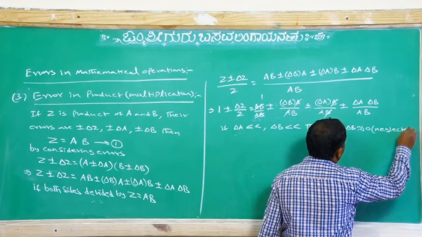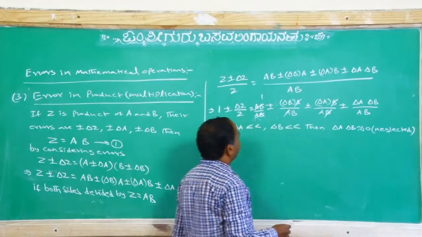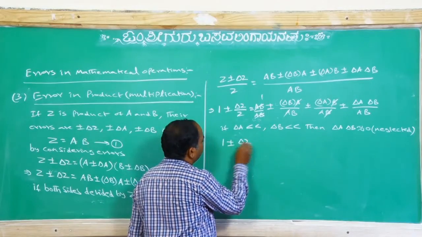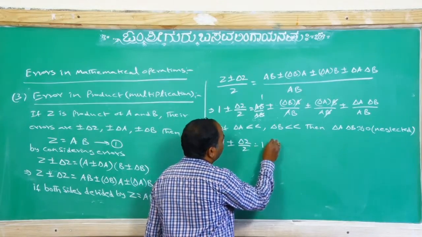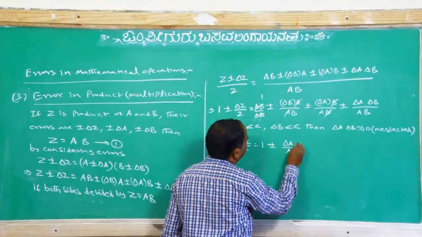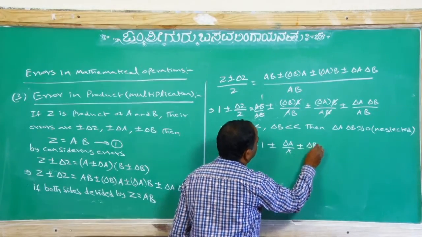If the last term is neglected, then you may write 1 plus or minus delta Z by Z is equal to 1 plus or minus delta A by A plus or minus delta B by B.